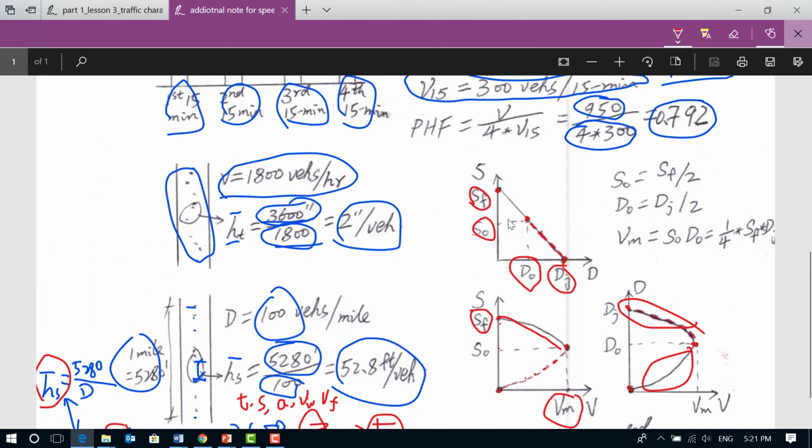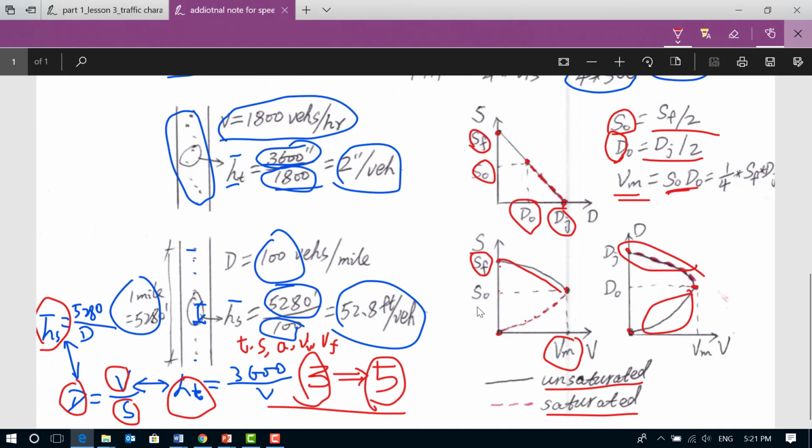Basically, we assume they are symmetrical. The medium speed can usually be considered as half of the free speed, and the medium density as half of the jammed density. The maximum volume is the product of medium speed times medium density, because they correspond to the maximum volume right here.